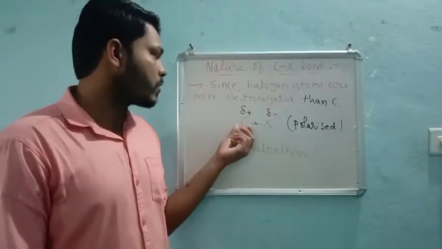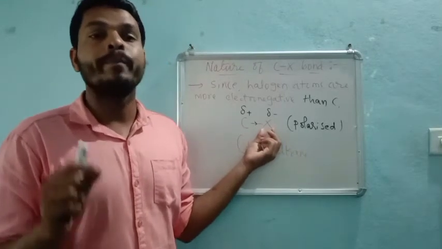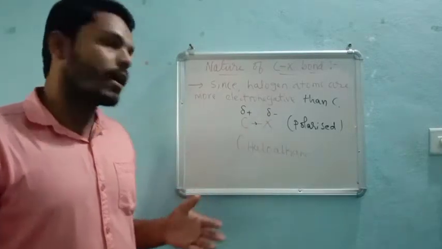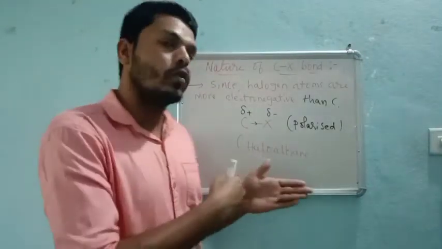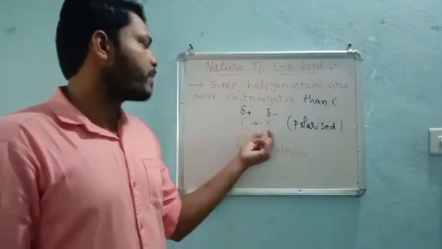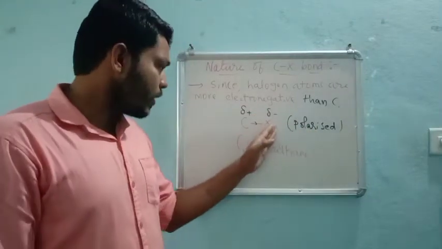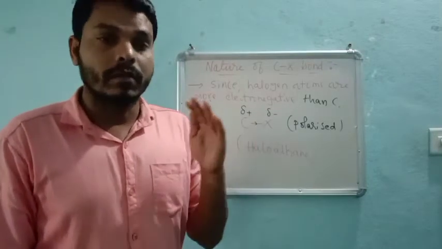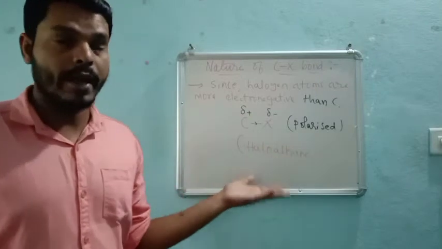Why? Because of the presence of a more electronegative element, the halogen. The electron will move towards the X, the halogen. So the density of electron increases on the X and decreases on the carbon, because the carbon is losing directly or indirectly.